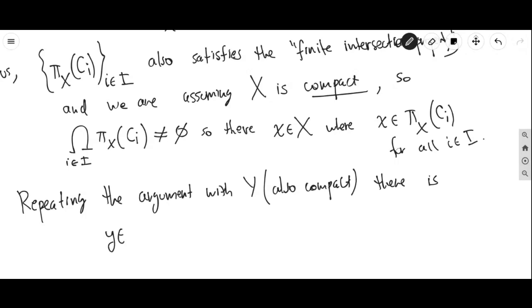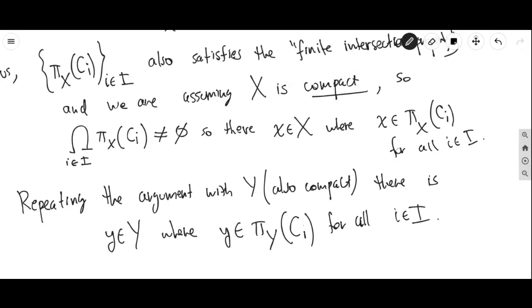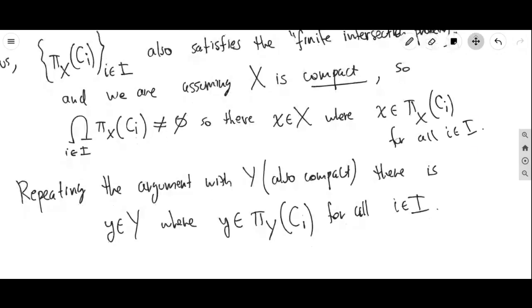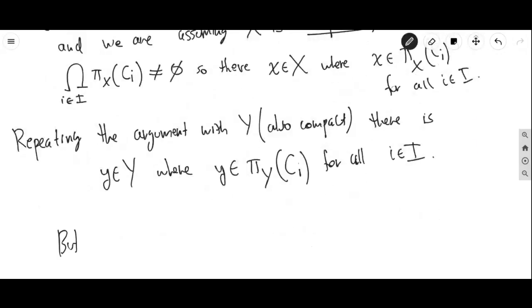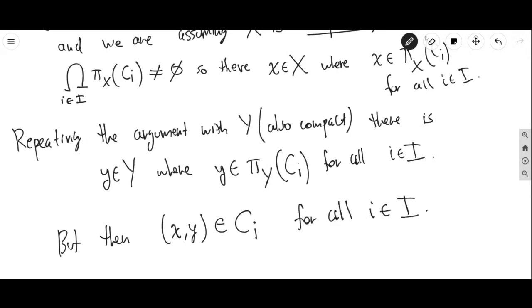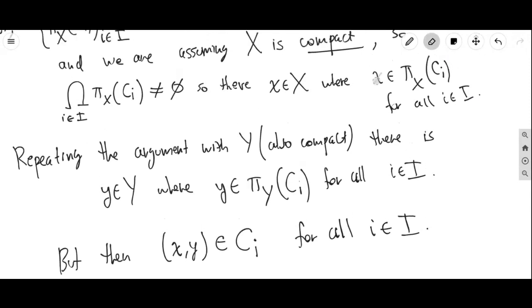We can find the y in set Y so that y belongs to all of the projections onto Y for all i in I. But then this pair x, y would belong to C_i for all i in I, because look at what happens.